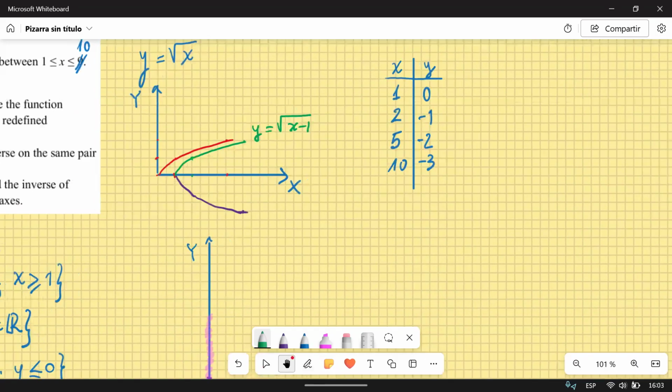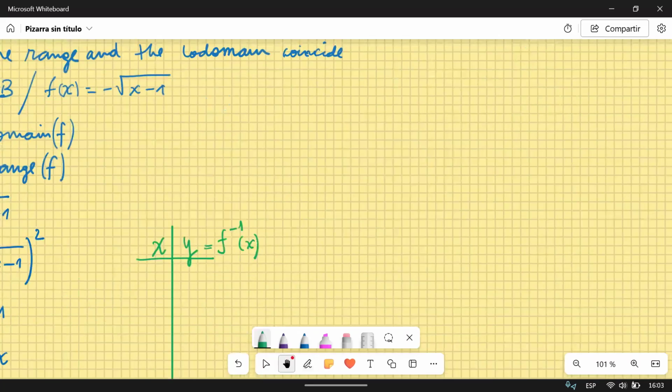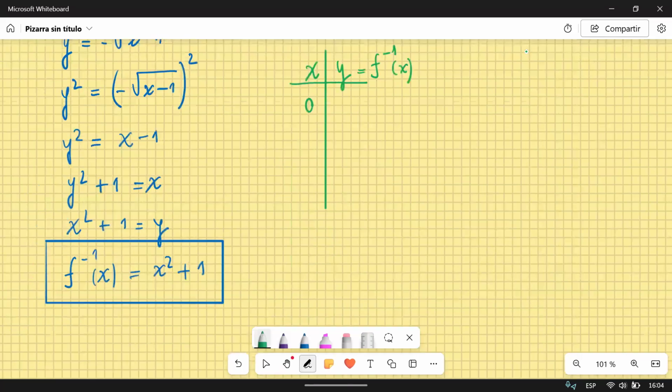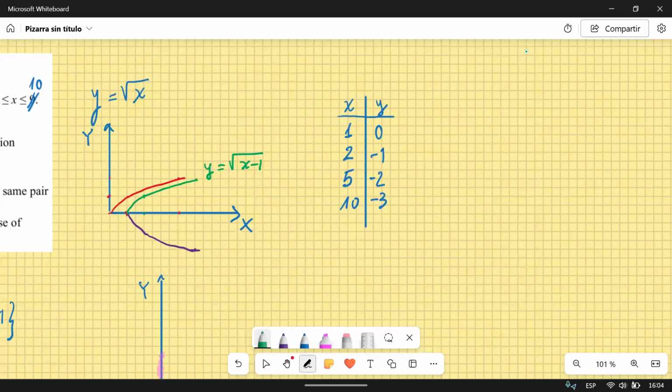So when x is 0, I replace in the inverse: 0 squared plus 1 is 1.